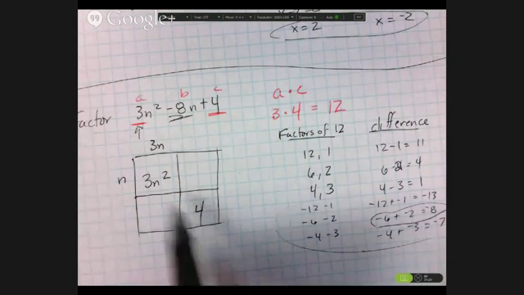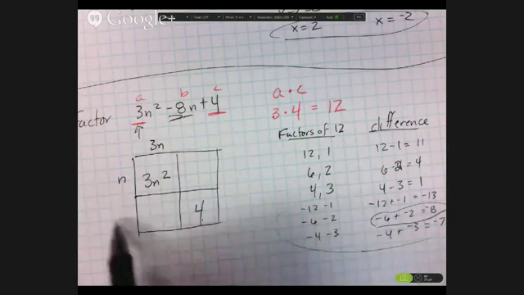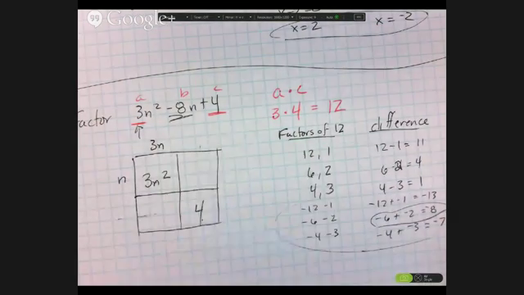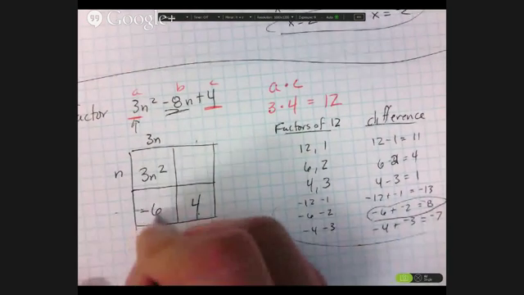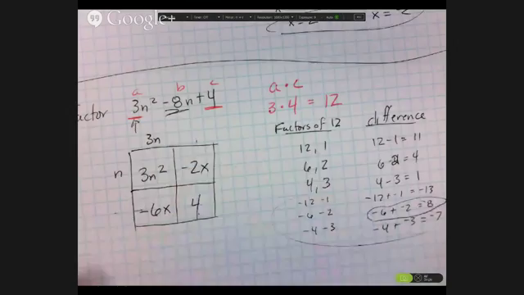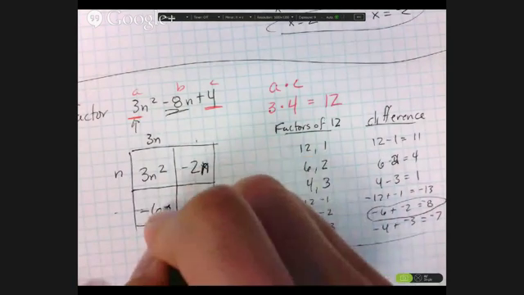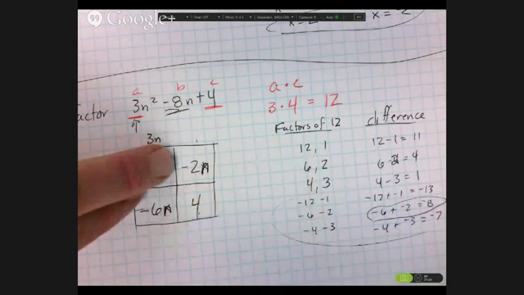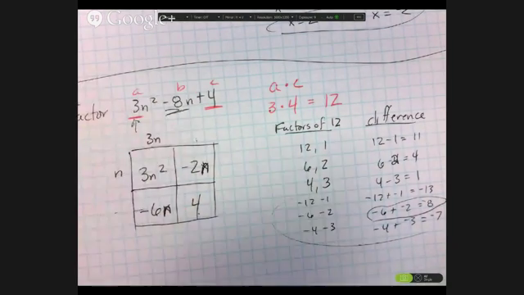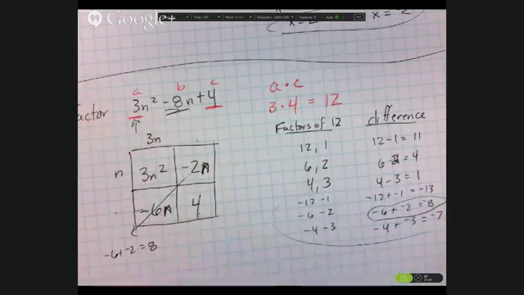Okay, so we know that we have to multiply to get 4, multiply to get 3n squared, right? The question is, what numbers go here and here? So let's just try it. Oh, that would be an n, sorry. Let's not just switch variables all of a sudden. So these two, you might have to try here, you might have to try here. But we do know they add up to negative 8, right? So that's checked off.